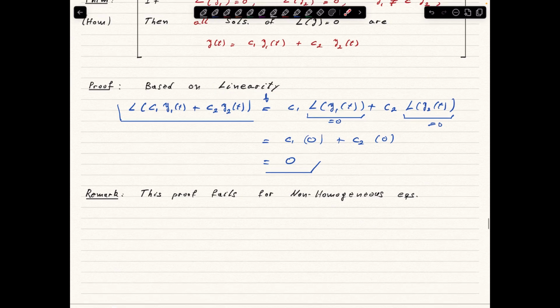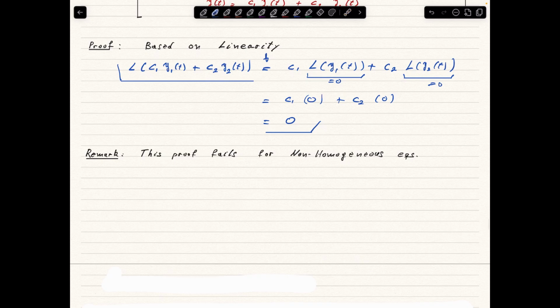We cannot even start the proof, because see what happens. Suppose y1 is a solution of a non-homogeneous equation, L of y1 is equal to f, different from 0, and suppose that y2 is also a solution of the same equation, L of y2 equals f.